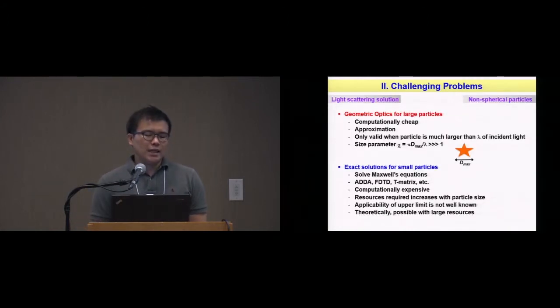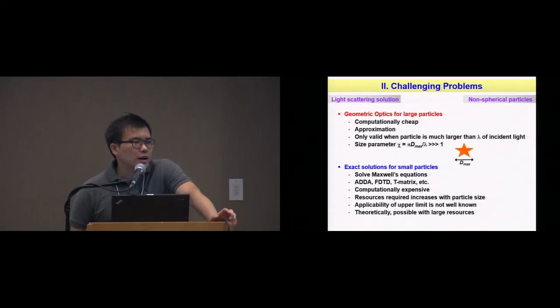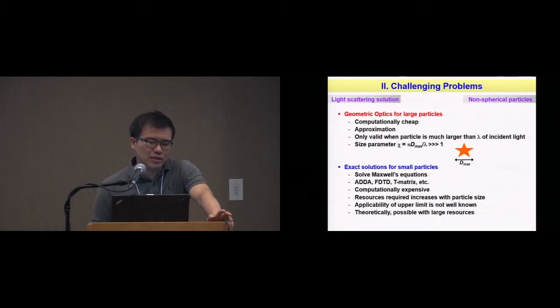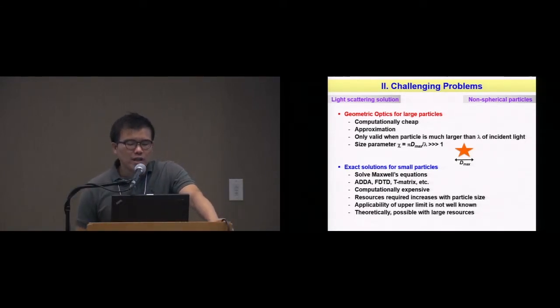Let's see light scattering solutions. So geometric optics method is a very efficient method, and this one is computationally very cheap. However, it is approximation, so that means it's not an exact solution. And then we can use this geometric optics method only for particles much larger than wavelengths of incident light.